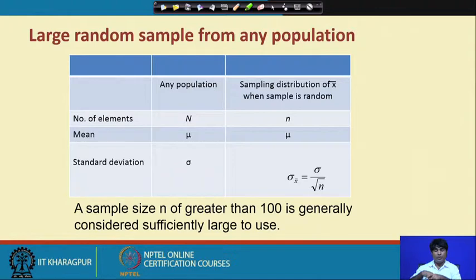For the population, the spread is given by the standard deviation sigma, and in the case of the sampling distribution it is called sigma x bar, which is nothing but sigma by root n. So from this formula it is clear that there is a link between the sample and the sampling distribution, and between the sampling distribution and the population.